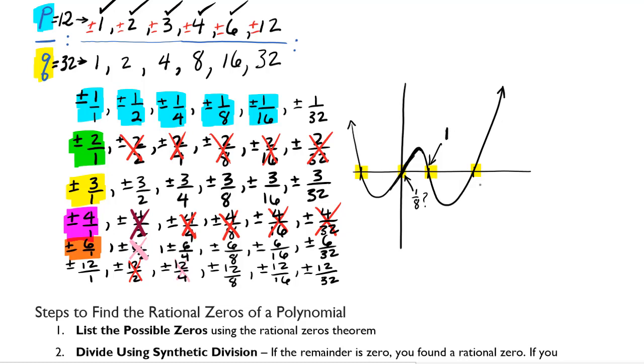And the next one we'll look at, maybe that's a 3. So now we need to be curious about this last one here. I don't know for sure, but it looks like it's somewhere around -1.5.